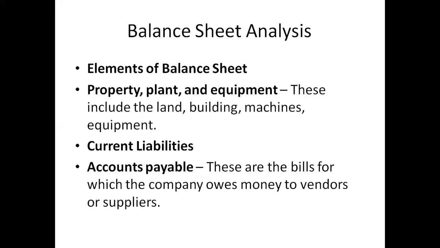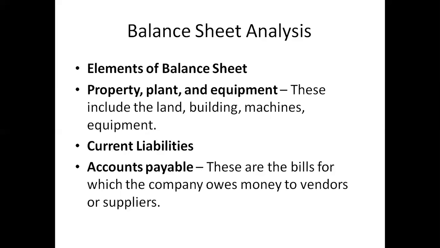Now we have property, plant and equipment. These include land, buildings, machines, equipment and all that. Now some of these might be capital in nature, while some might be revenue in nature. Now current liabilities. In case of current liabilities, we have the accounts payable. Now, like we have the accounts receivable in the assets category, that is people who have to pay us, as a business you are also buying raw materials from someone, then maybe furniture from someone.